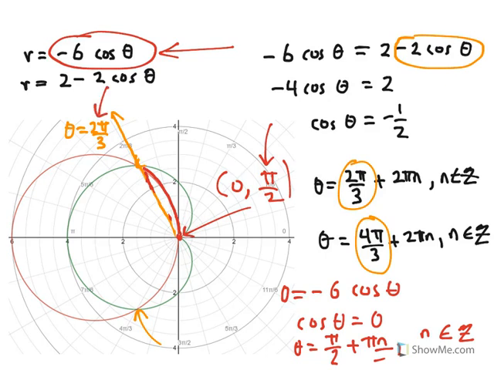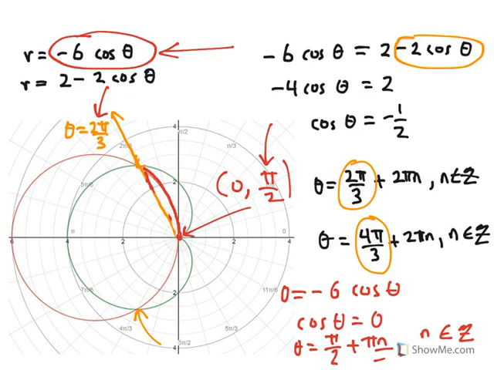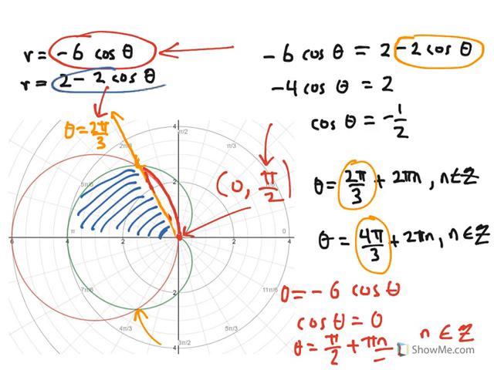And that is why the limits of integration for the red integral is from pi over 2 to 2 pi over 3, giving us the area of the red region. And for the blue region, you would see that the blue region is bounded by the graph of the polar equation r is equal to 2 minus 2 times cosine theta, and the radial line theta is equal to 2 pi over 3.